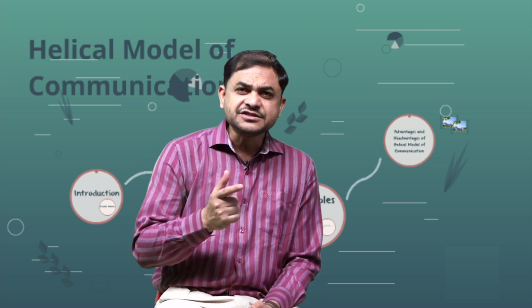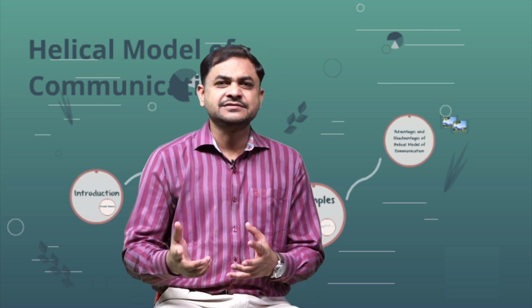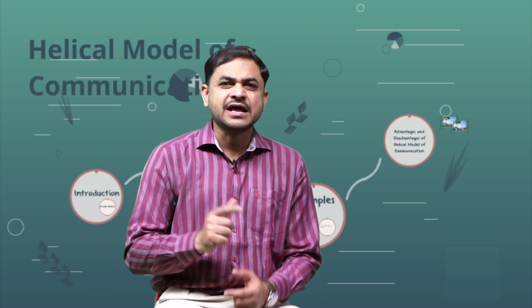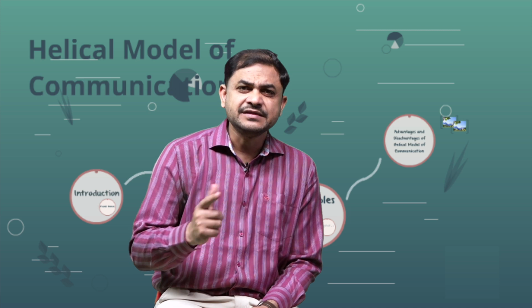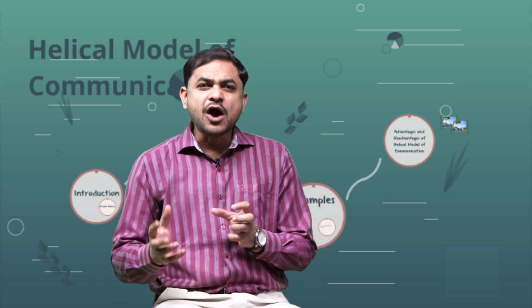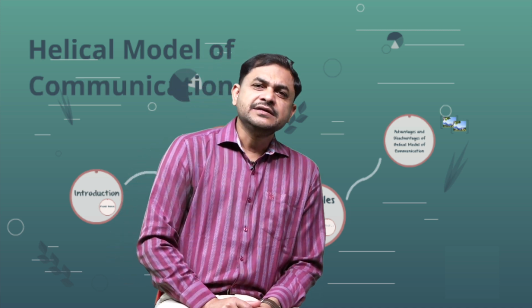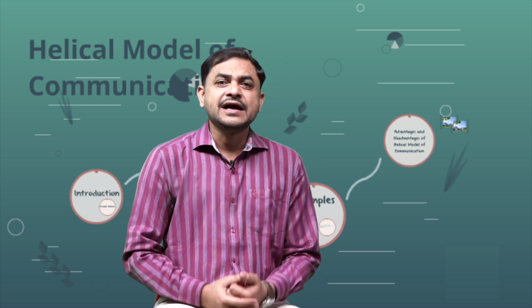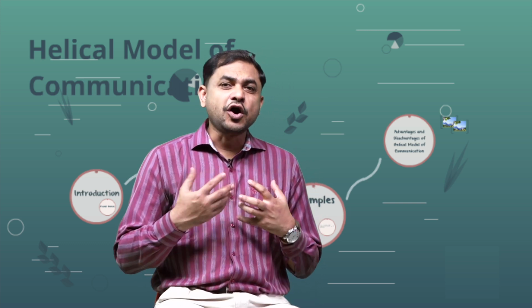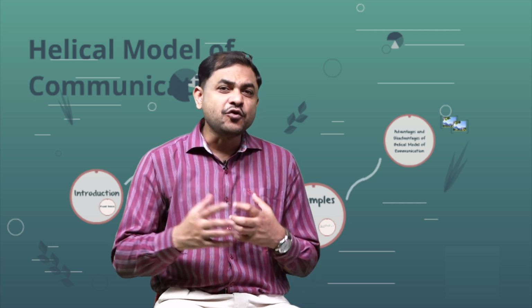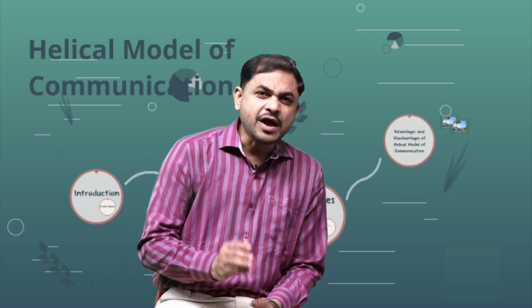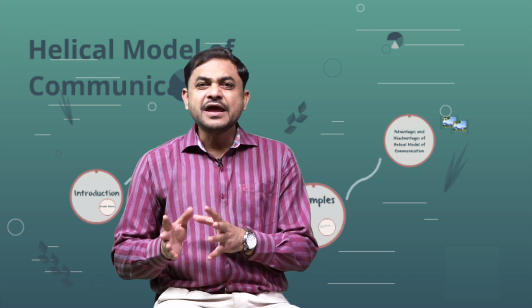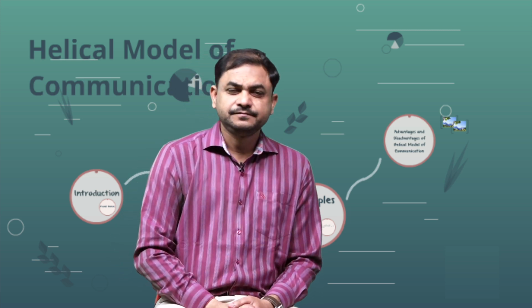Experiences: each turn of the helix represents an accumulation of experiences that influence how we communicate. Then interaction. The model suggests that communication involves back and forth interactions where feedback plays a crucial role.